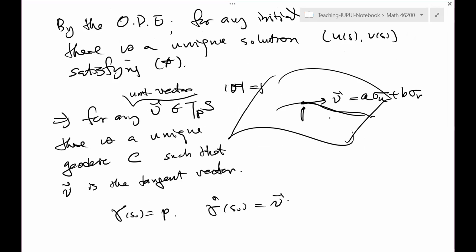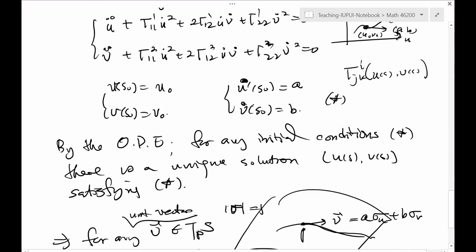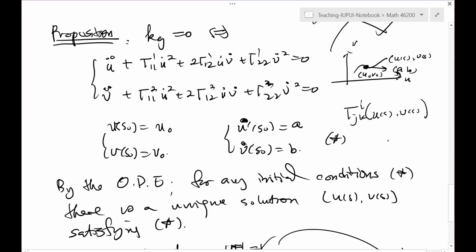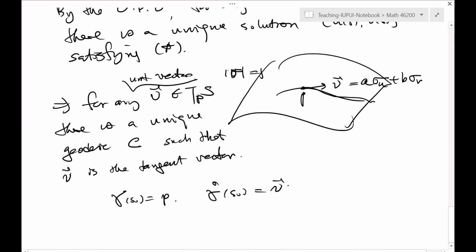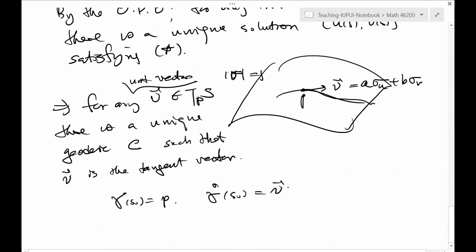Now, if a sigma is given, all you have to do is focus on these equations. If you find the curve in the UV plane, then the image under the surface patch is going to be the geodesic on the surface. Any curve here, the image will be this one.